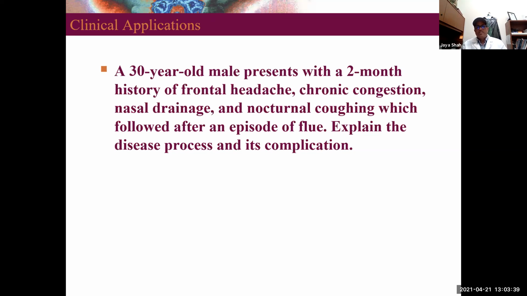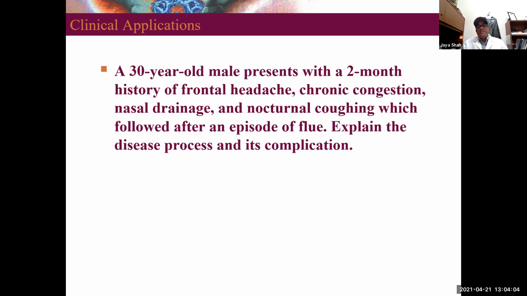So here, it is a young male patient with a history of 2 months of headache, particularly frontal headache, meaning in the front side of your head. Chronic congestion, congestion means nasal congestion, blockage of the nose, and then discharge from the nose. It is anterior drainage when it comes through the nose, and posterior drainage when it gets into your throat.